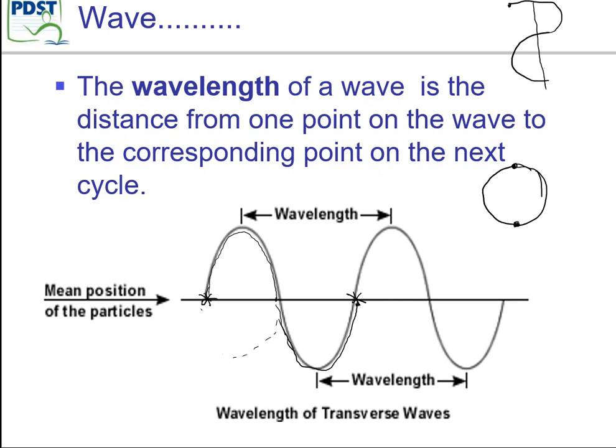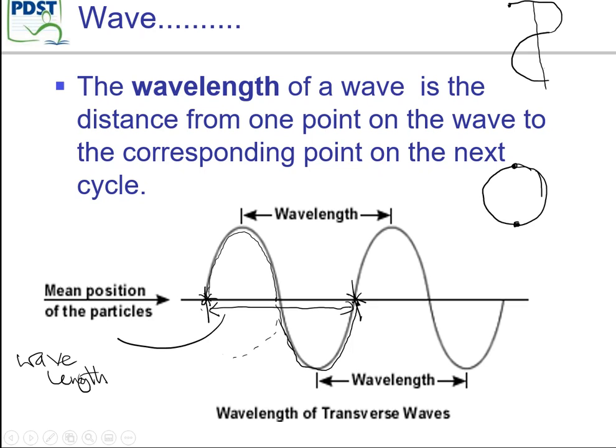So each cycle of a wave is known as the wavelength. So the length from here to here, so we can draw a line here, is called wavelength. That is the length of one cycle of a wave.